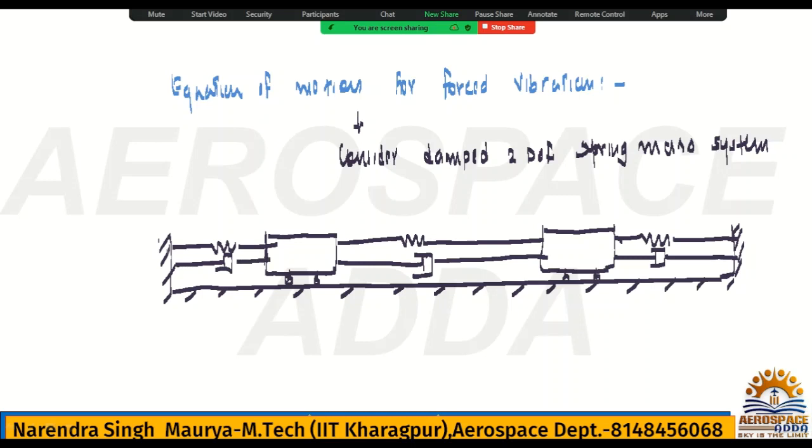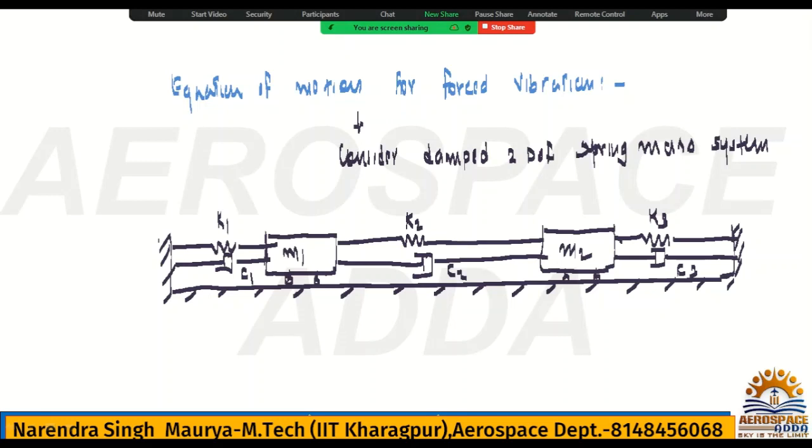Okay. Now check. This is mass m1 and this is mass m2. All right. Now we'll say the stiffness of this spring is k1, this is k2, this is k3. There is no hard and fast rule. You can take any k1, k2, k3, but if you take them in sequence, it will be very easy for you for the calculation. And the damping coefficient for this is c1, this is c2, this is c3.